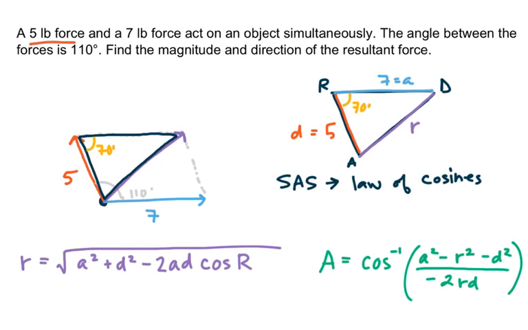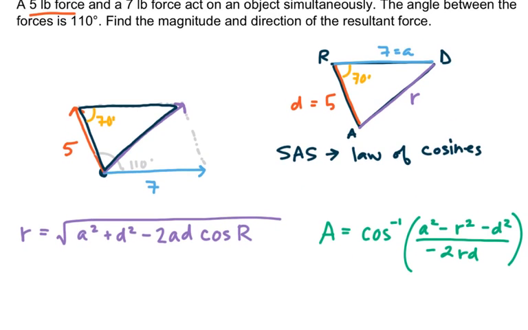First, I wrote out my law of cosines pattern that I'm going to use. Keep in mind, I'm building this off of the rules that we initially wrote a couple sections ago.